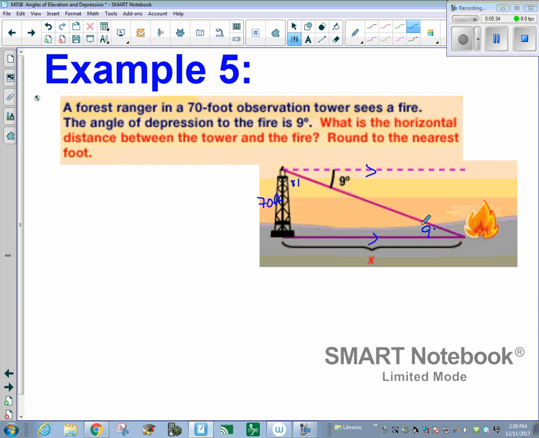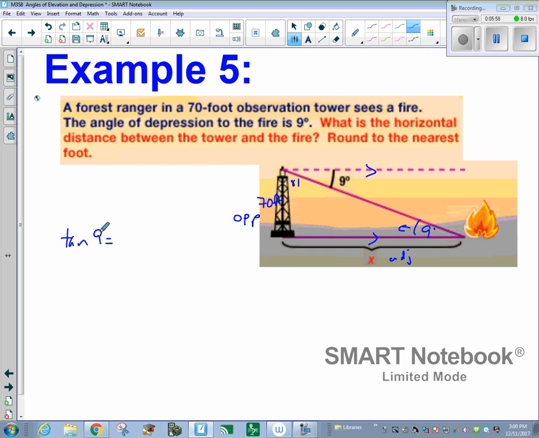I'm going to use the 9 degrees over here because that's what they told me. So 70 feet is opposite, where x becomes the adjacent, and the trig function that uses opposite and adjacent, well, that's tangent. You will see, as we do a lot of these problems, that tangent is the one you're probably going to use the most, because most of the time you don't know the hypotenuse distance, because that's as the crow flies.